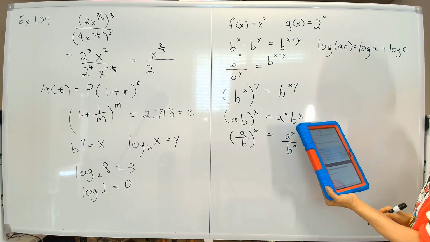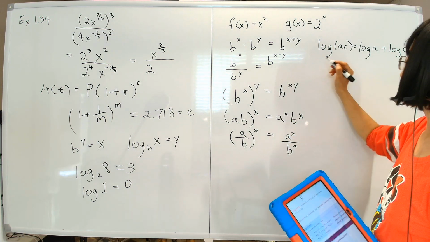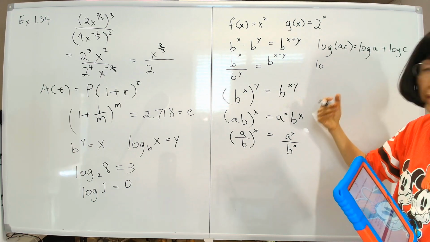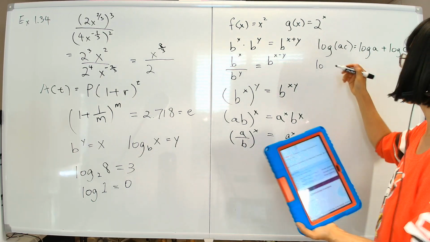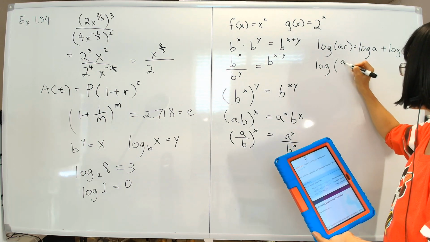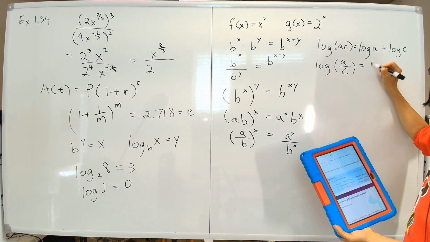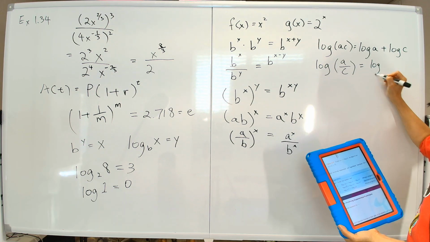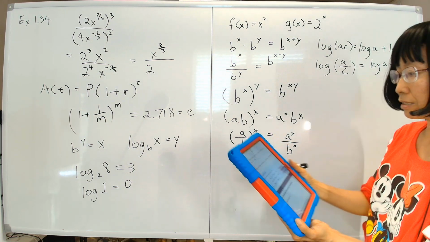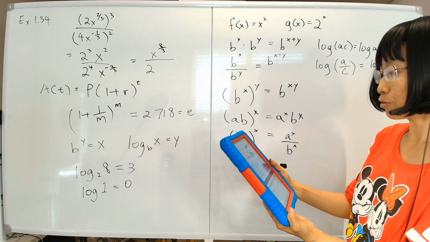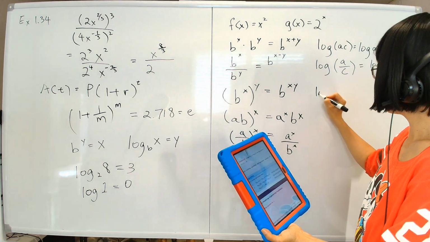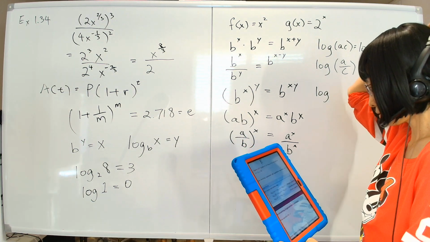Similarly, for division, no matter what base, just as long as it's the same base, log of a divided by c is the same as log a minus log c. And the same goes for power. When you have a power, log of a to the power r.